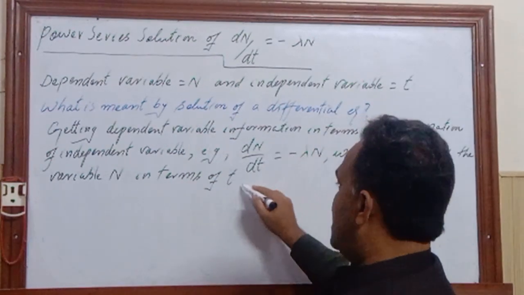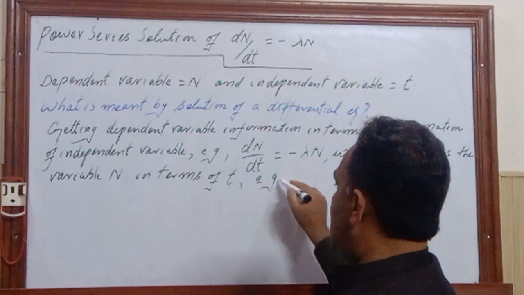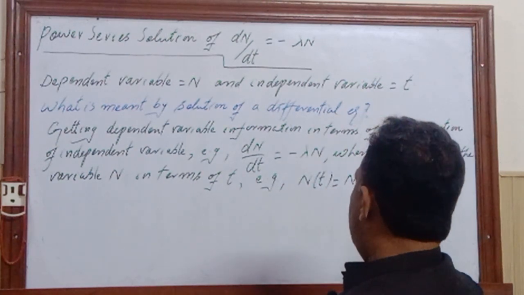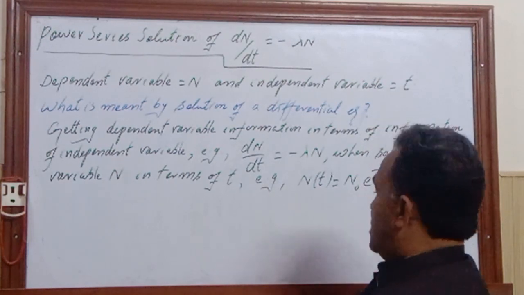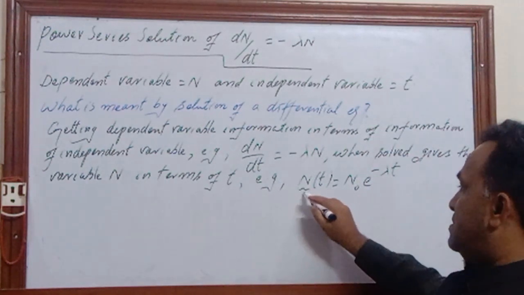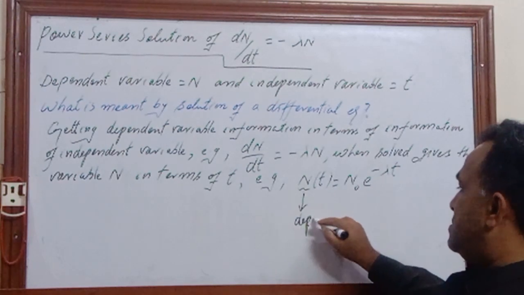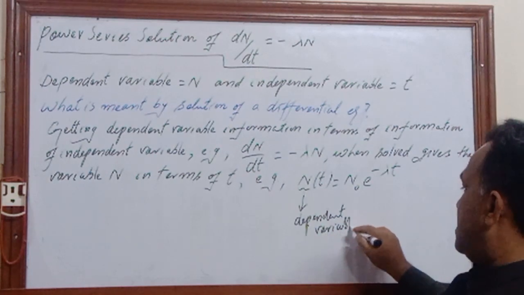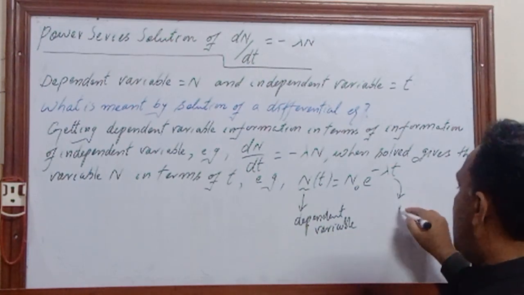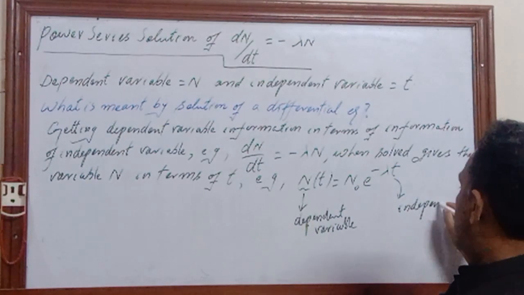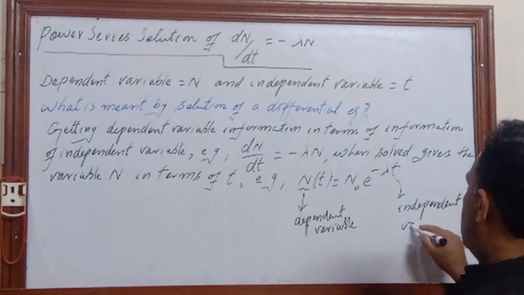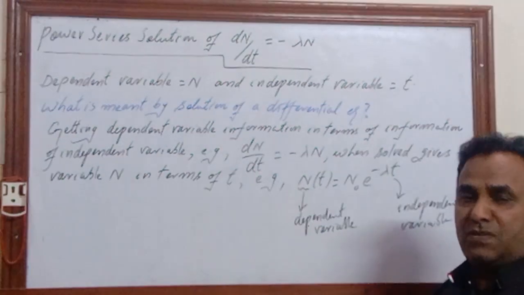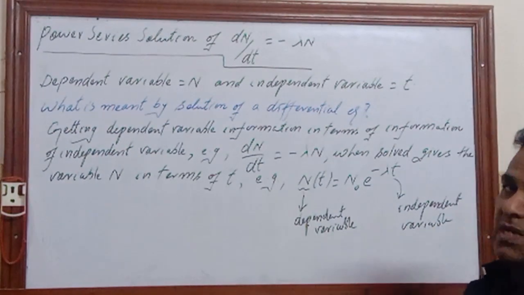That is, for example, we have already obtained this solution N of t, that is N naught e to the power minus lambda t. Okay, so here this N is a dependent variable, and t is an independent variable. So this capital N of t, as a function of time t, is the solution of the differential equation.